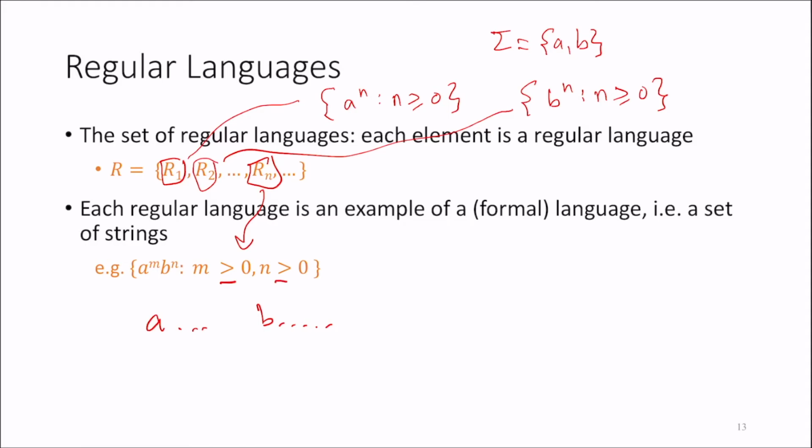So that's one way to define a set of strings, a concise way. Instead of writing down these dot dot dots, we write it down in this math notation that makes it precise what I mean by this set of strings. And it happens that a sequence of letters following another sequence of letters is in fact a regular language, because you can define it using the same operations that I just defined in the previous slide.